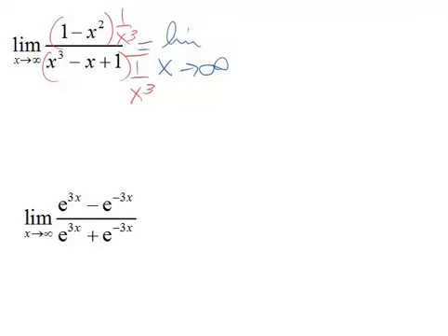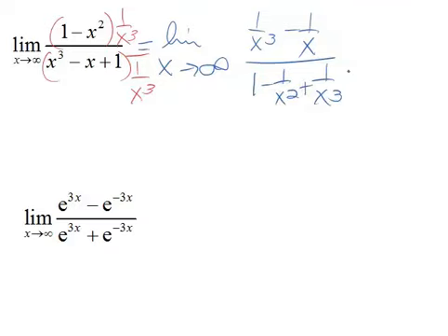So let's do that. If we distribute that to each term, we have 1 over x to the third minus 1 over x, over 1 minus 1 over x squared plus 1 over x to the third. Now, using properties of limits, we can look at the limit of each term in the numerator and in the denominator.